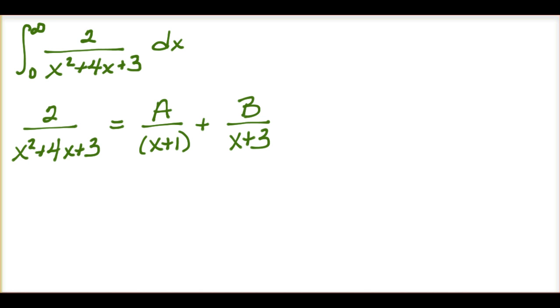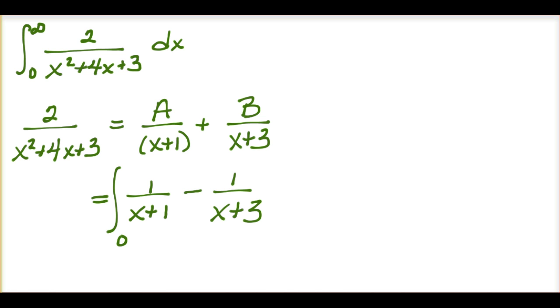So if we go through and solve that, we should come up with 1 over x plus 1 minus 1 over x plus 3. So that's what we're going to end up integrating.